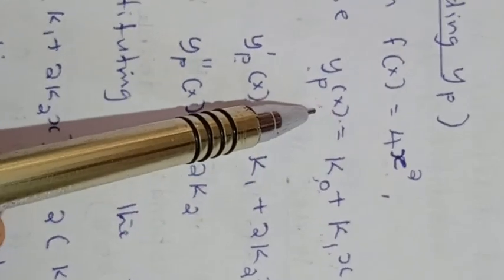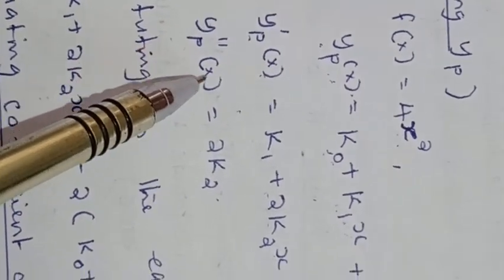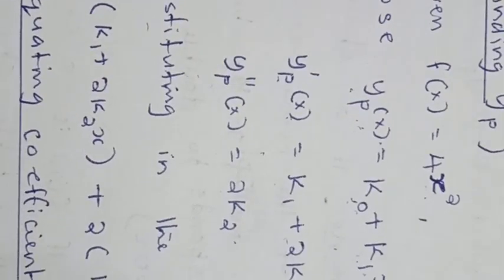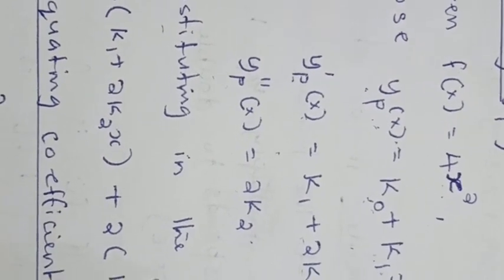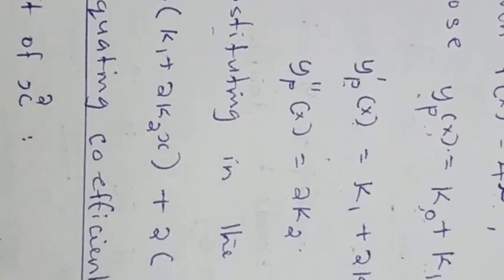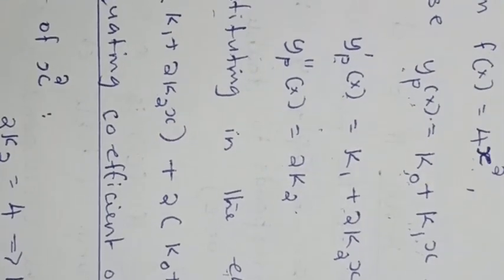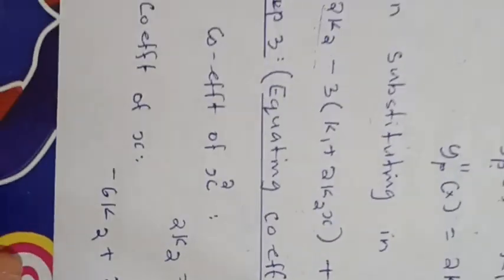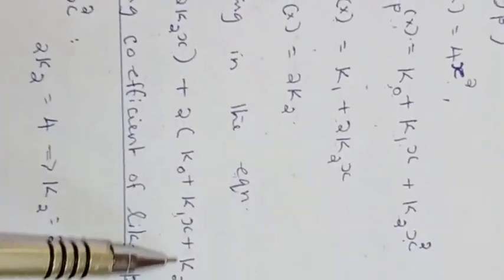After finding yp dash and yp double dash, we substitute these in the given equation y double dash minus 3y dash plus 2y equal to 4x square. So this is the value of y double dash, minus 3 into yp dash, plus 2 into yp, that is equal to 4x square.